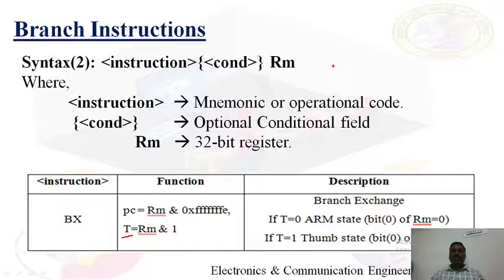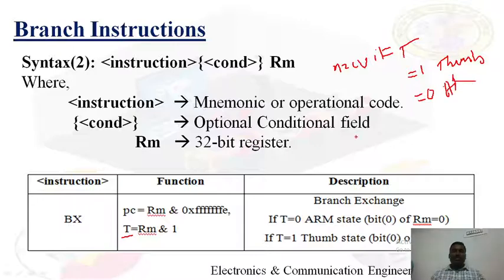As we have seen, the CPSR contains N, Z, C, V, and in some examples we have seen I, F, then T. Whenever T is 1, it is Thumb state. If T is 0 in the CPSR register, it means it is the 32-bit workspace, that is all the instructions are encoded into 32-bit size. That is ARM state.